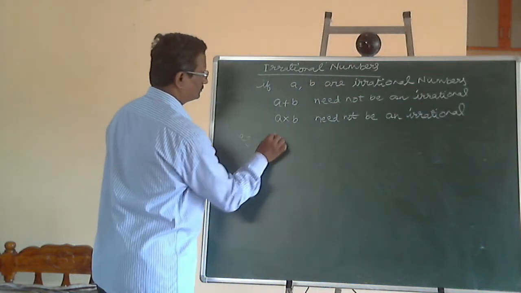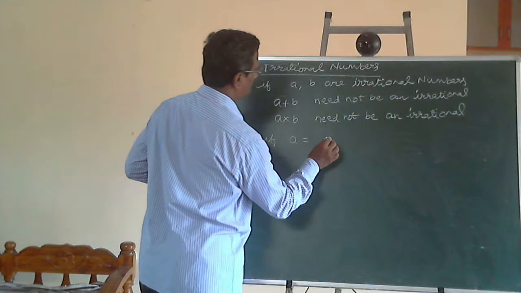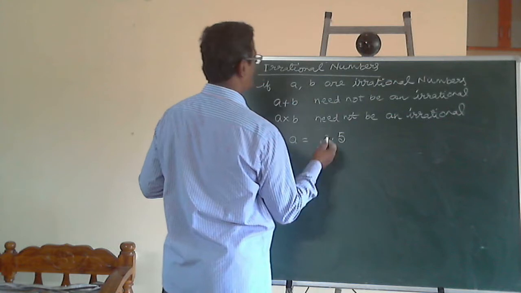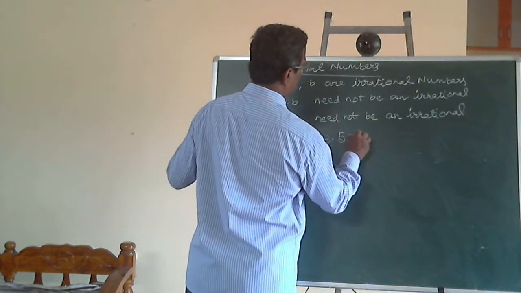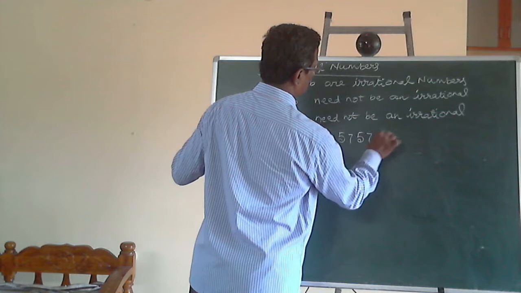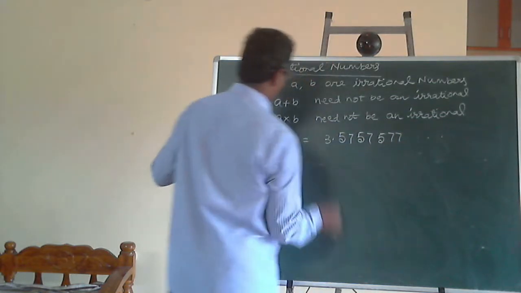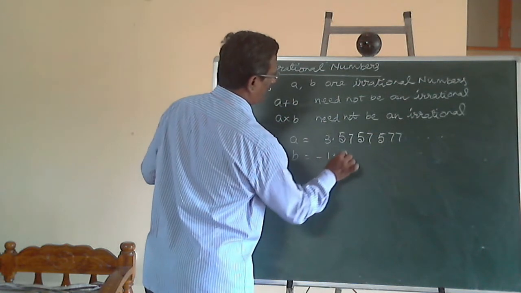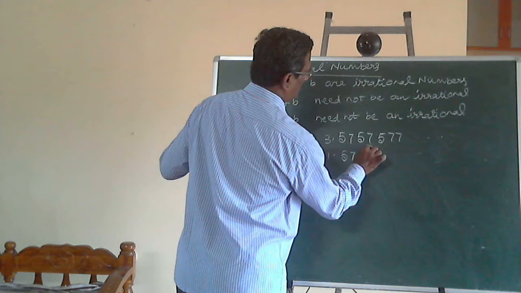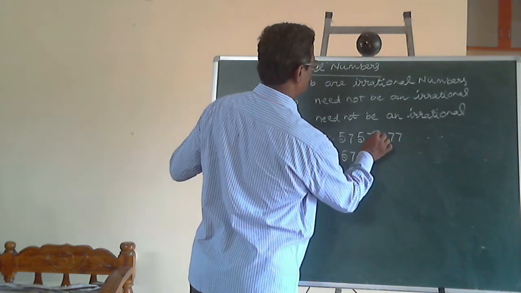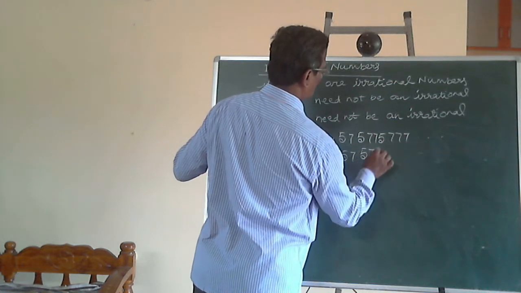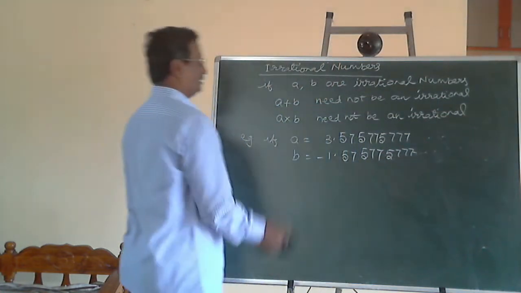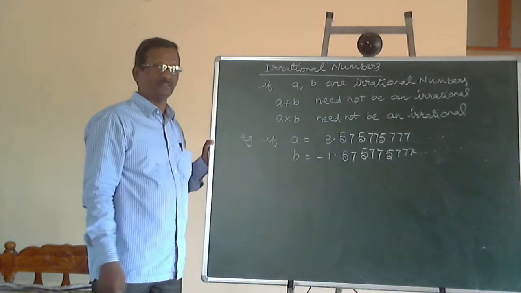Example, if a is equal to 3.1 decimal, b is equal to minus 1.57 5777 etc. These two irrational numbers have the same decimal.